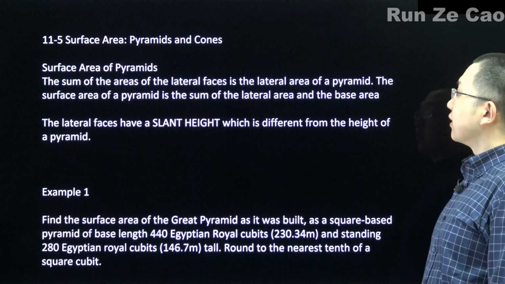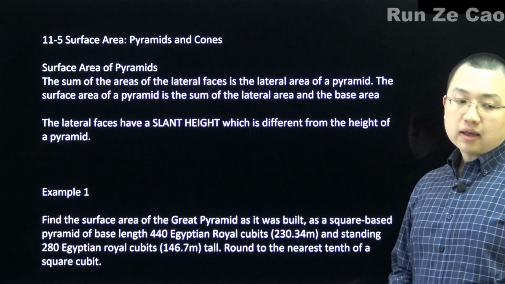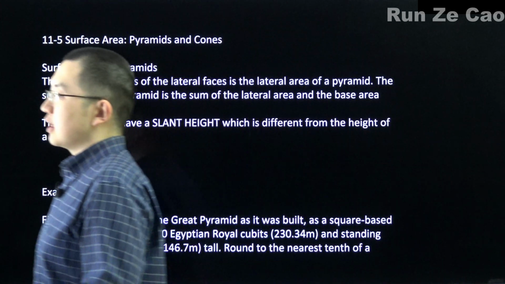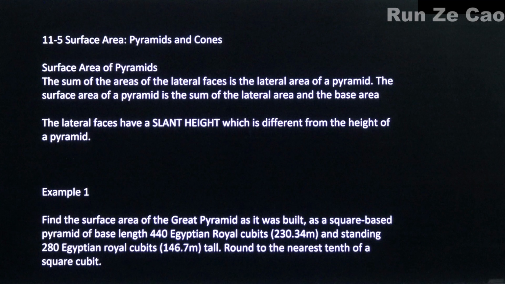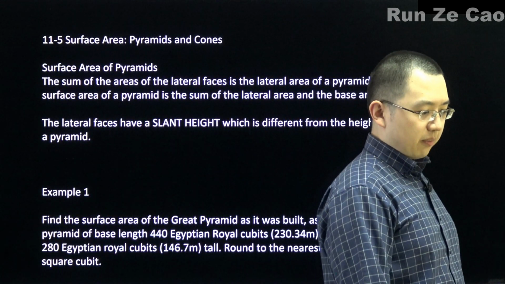Next, we have the surface area of pyramids and cones. It's still the sum of the areas of the lateral faces, so the lateral area plus the base area. The lateral faces will have a slant height, which is different from the height of the pyramid.